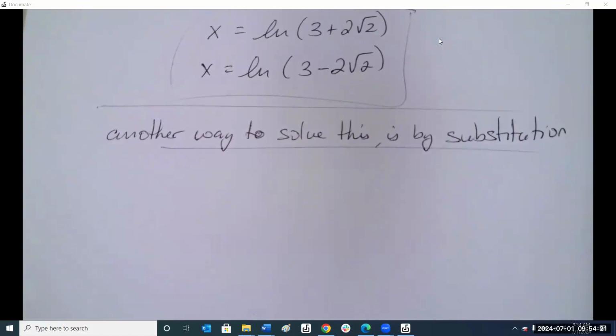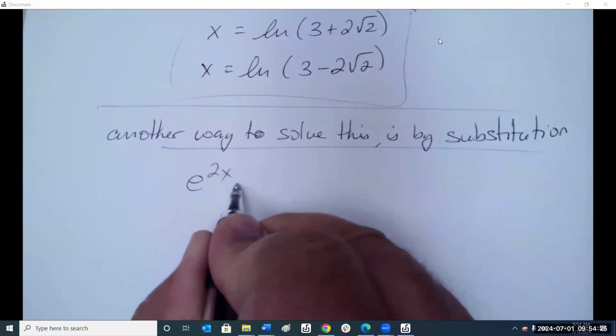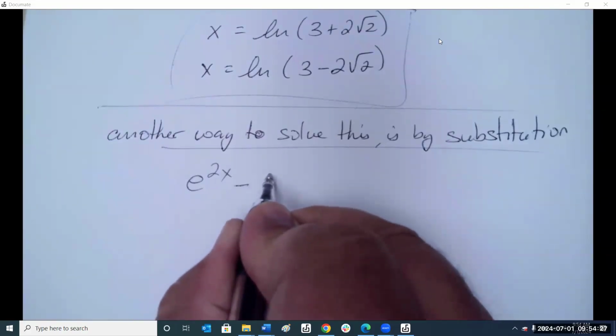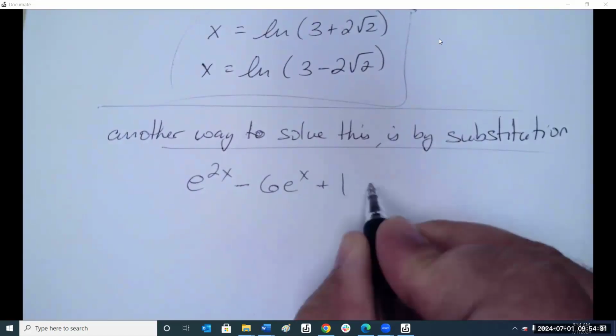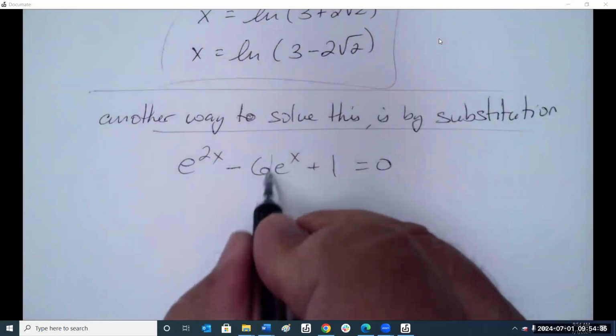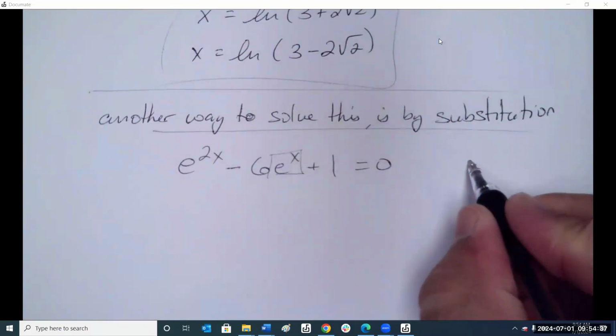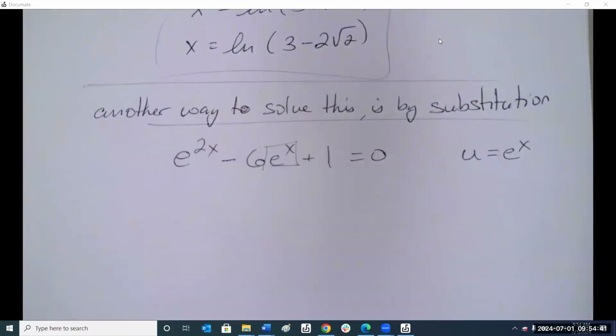What was that equation? We were down to e to the power 2x minus 6 e to the power x plus 1 equals 0. Since we're solving for this, we could say that u is equal to e to the power x.